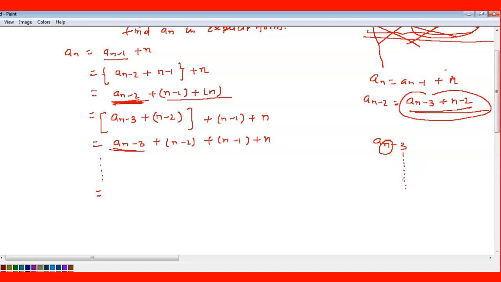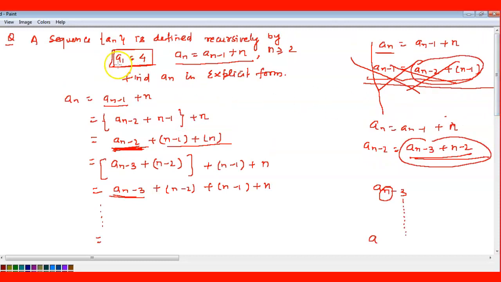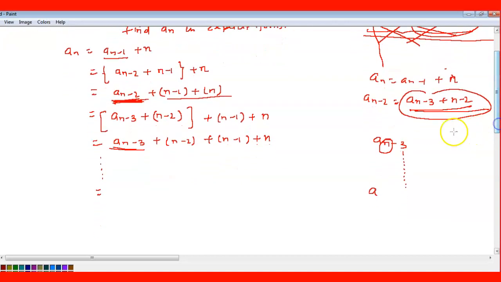Getting or not? A1 has to be brought here.